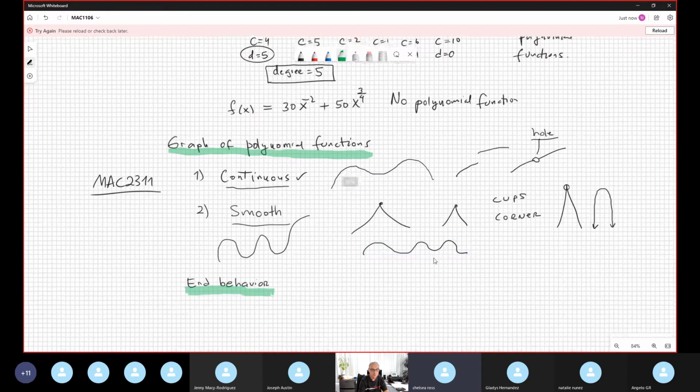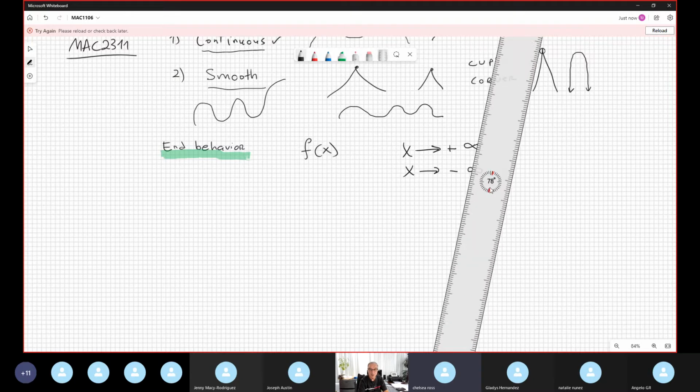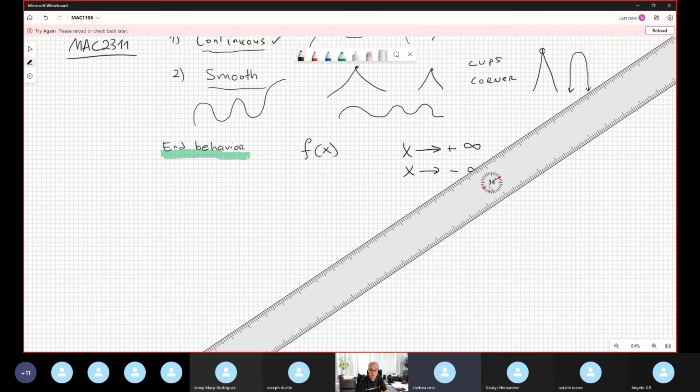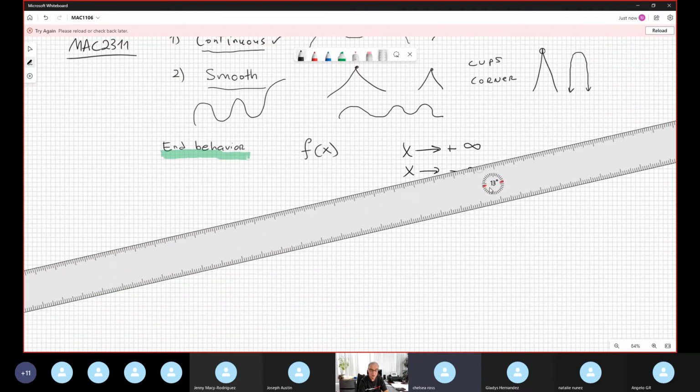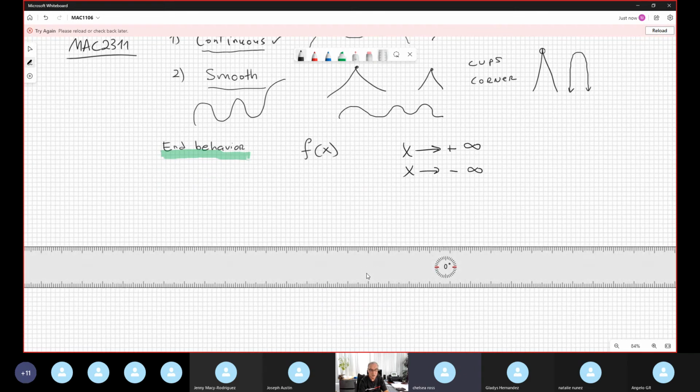End behavior is when you analyze the function f of x, which I suppose is a polynomial, when x approaches infinity positive or infinity negative, in both directions. Suppose we have here the whole real number line.